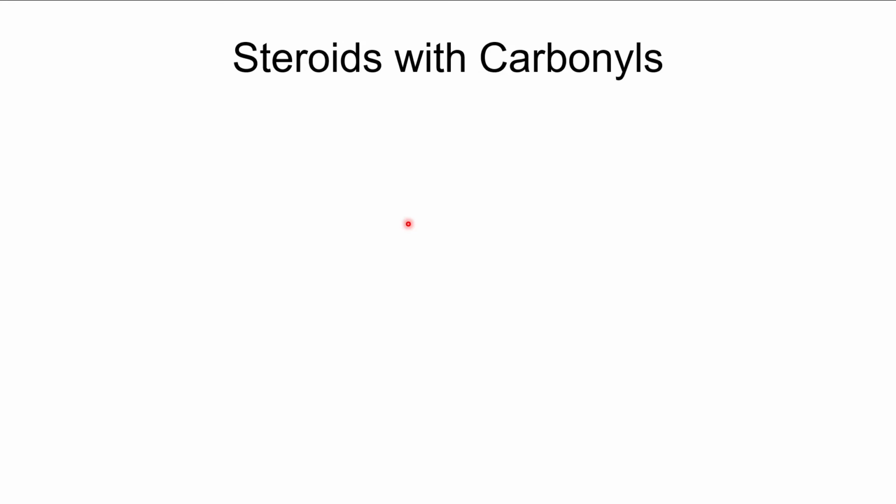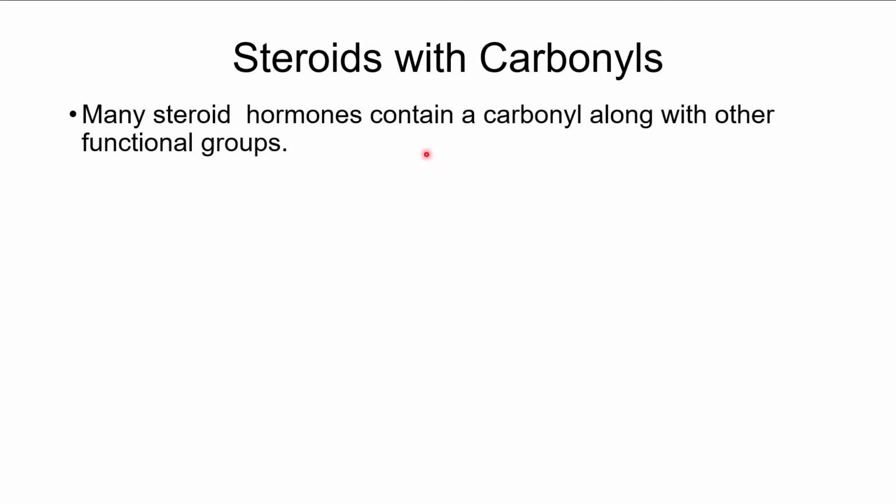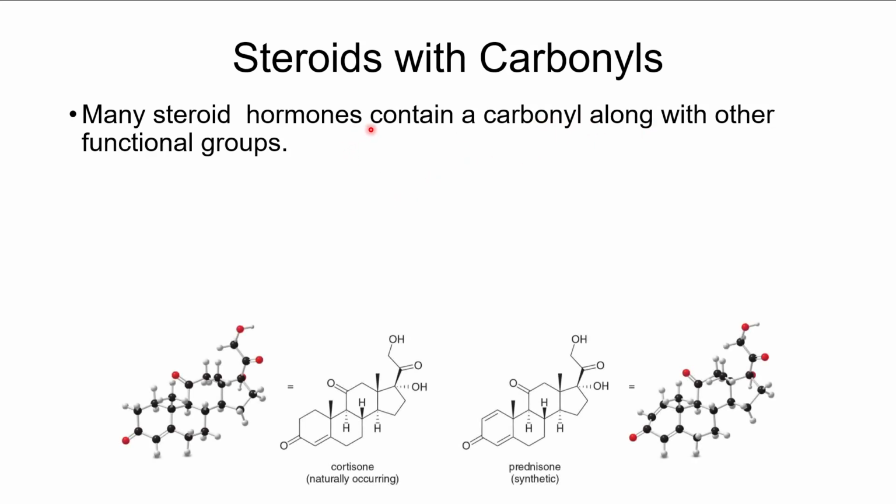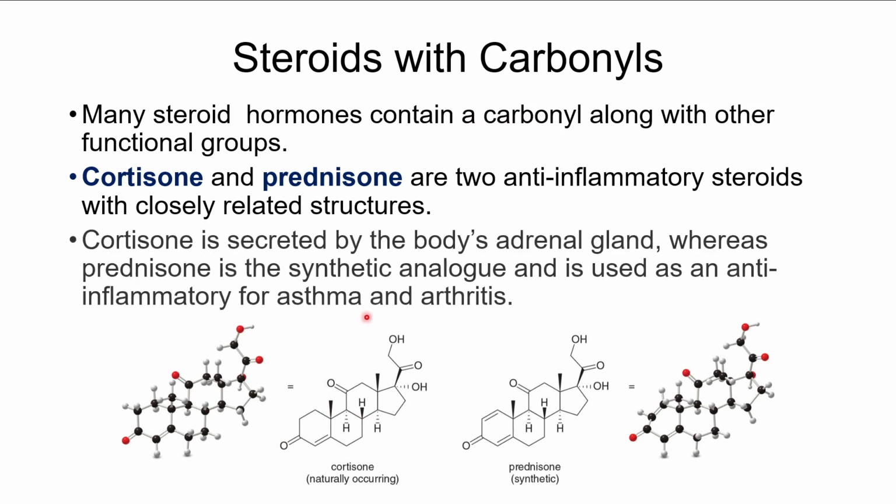All right, there's one last category that I want to talk about with carbonyls, and that includes some of the steroid compounds. Steroids are hormones that have a carbonyl in them, and many of the steroids do. One example is cortisone, which is naturally occurring. It is secreted by your body's adrenal gland when you have some sort of injury, and it is a natural anti-inflammatory compound.